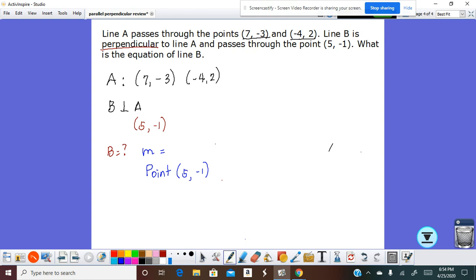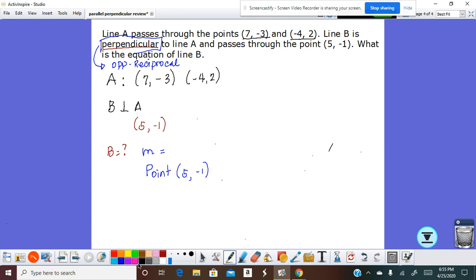Now, the relationship between the two lines, A and B, is that they are perpendicular. So being perpendicular, the slopes are opposite reciprocals of each other. Therefore, to find the slope of line B, we need to know the slope of line A.